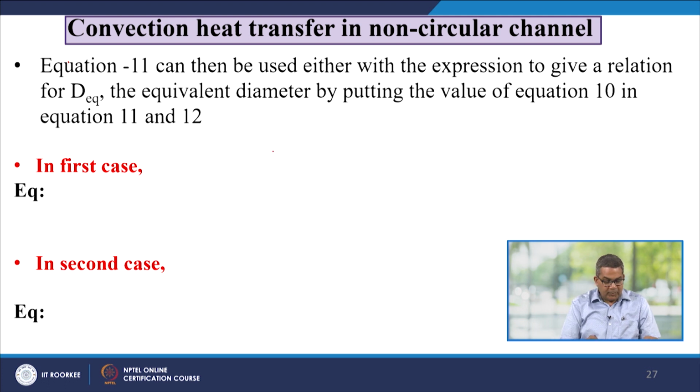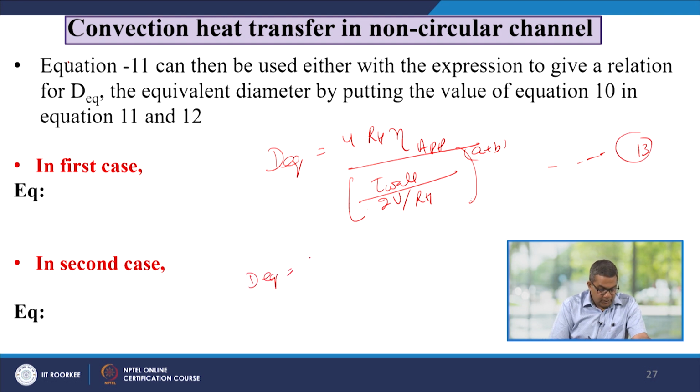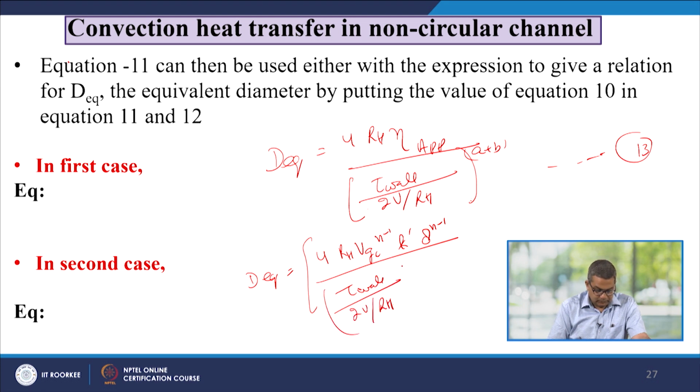So, this can be represented as equivalent diameter equal to 4 RH eta over tau wall, 2V over RH, to the power A plus B. This is equation number 13, or equivalent diameter is equal to 4 RH V to the power A plus B. Now, this is equation number 14.